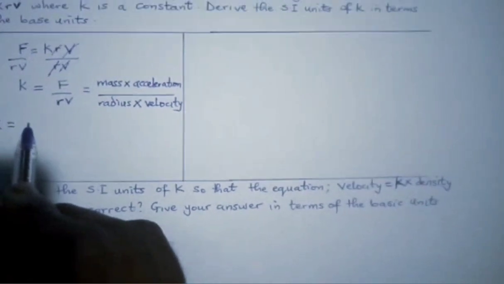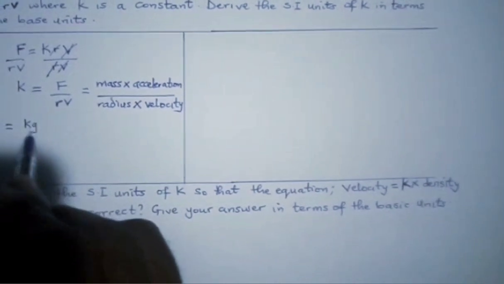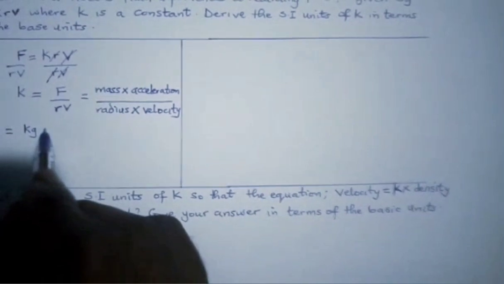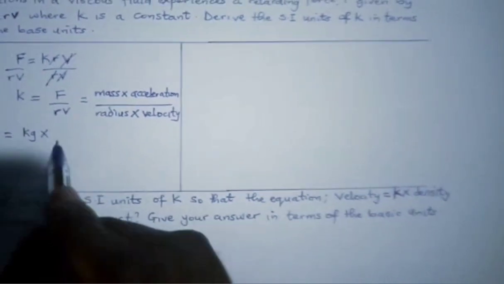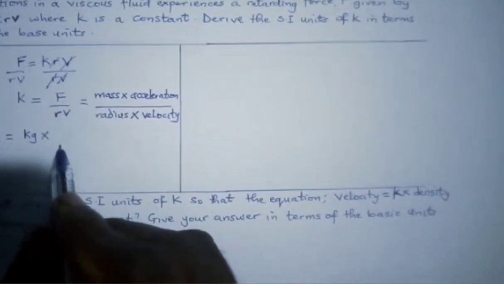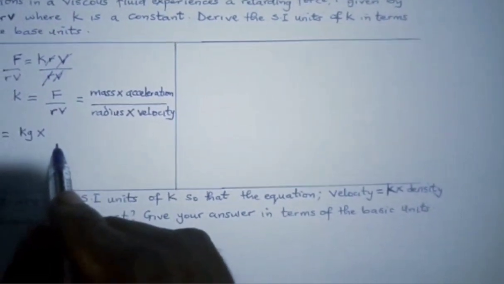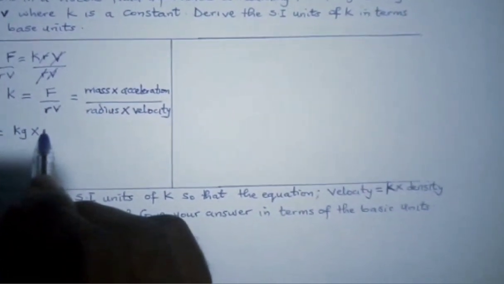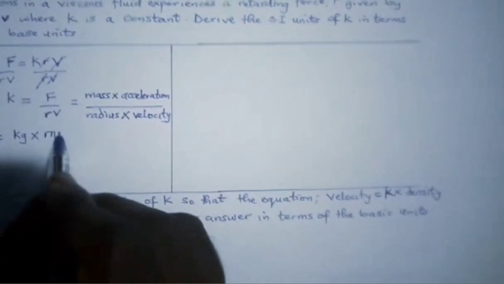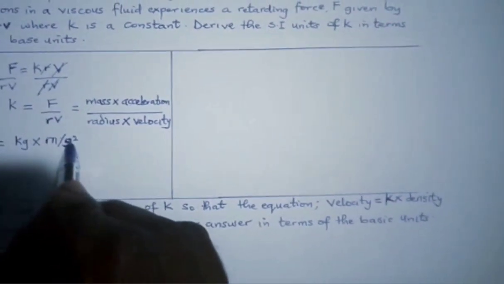So K is equals to mass times acceleration. The unit of mass, which is a fundamental quantity, is kilogram. While acceleration is the change in velocity over time, positive change, that is increase in velocity over time, and its unit is meter per second square.